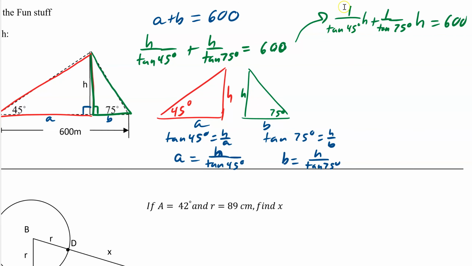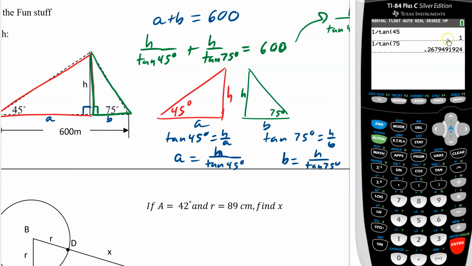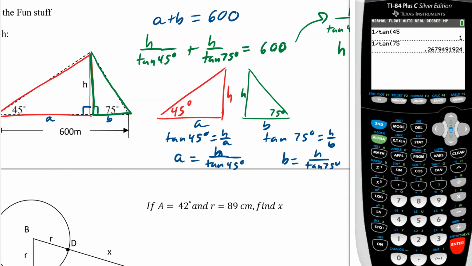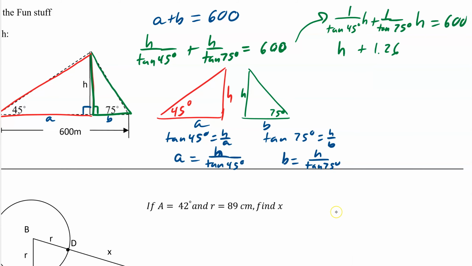So if we plug that in, 1 over tangent 45 and 1 over tangent 75, it will give us our coefficients. So that means 1h, so that's just h, plus 1.2679h. Put a 1 there if you want. So our like terms here are h, and so we can just add them.